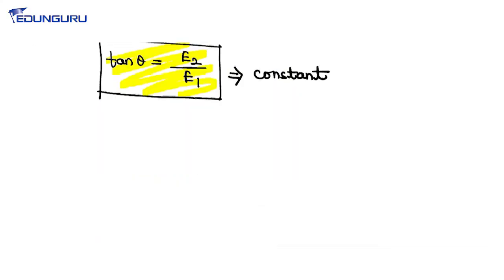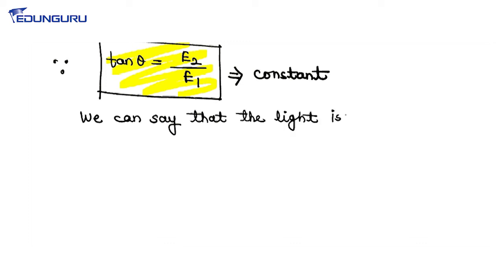Since tan theta equal to E2 by E1 is a constant, we can say that the light is linearly polarized. Let's take the second case, when phi is equal to pi.